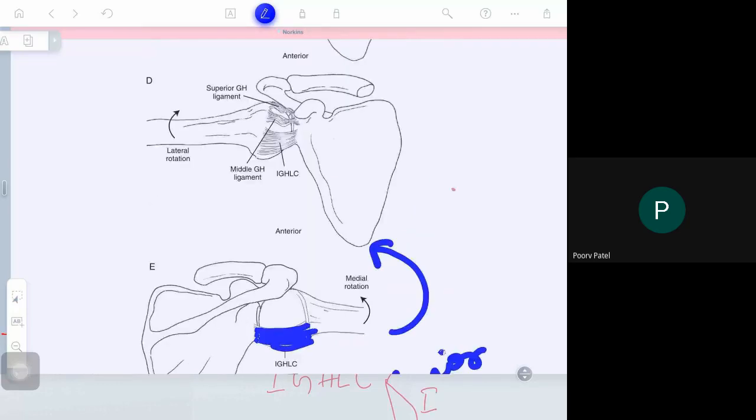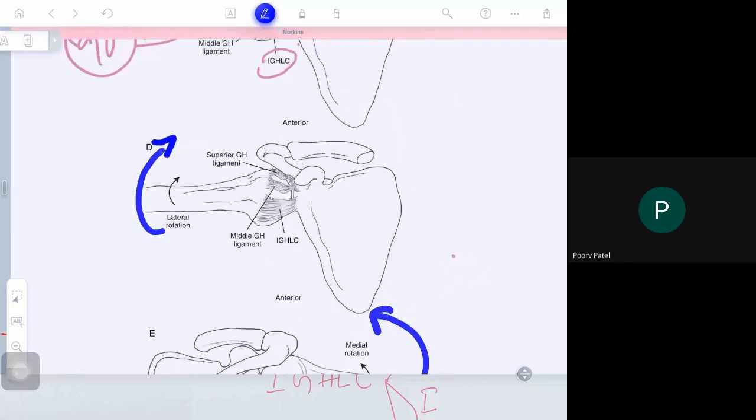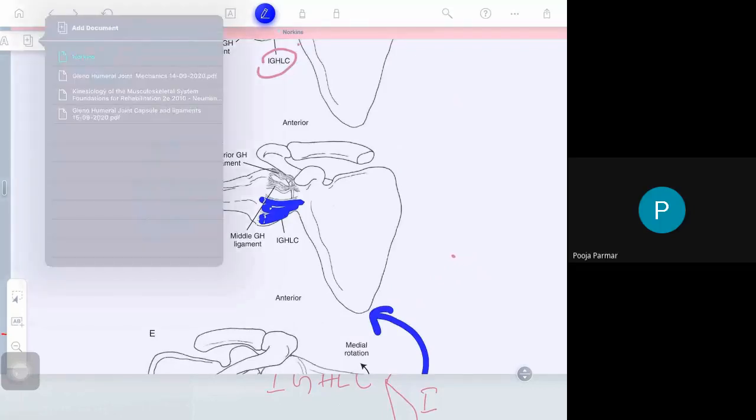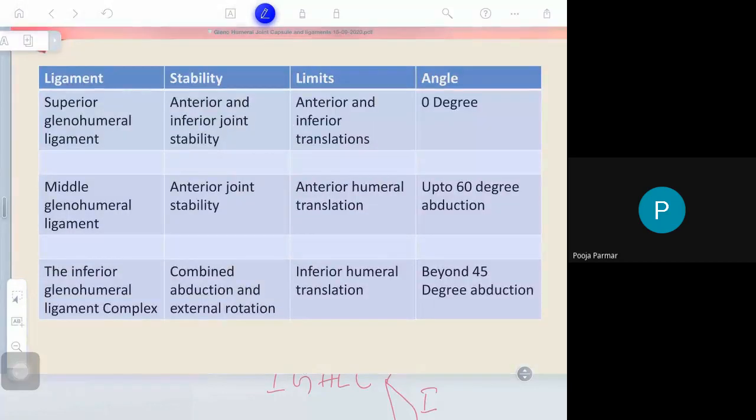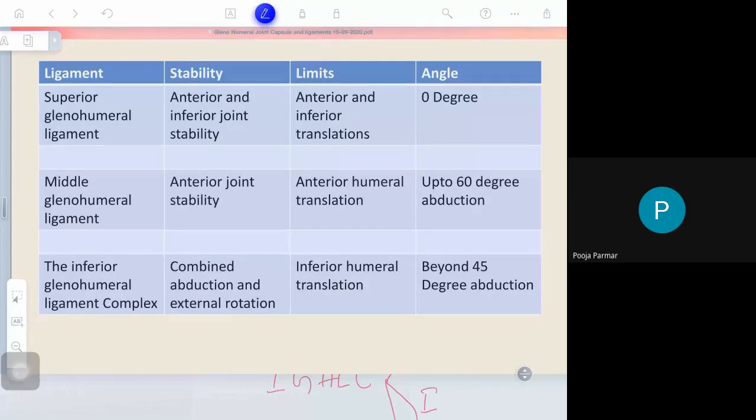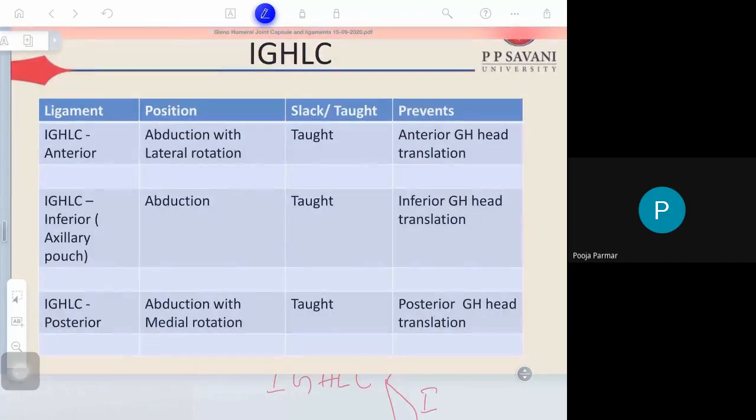And when you are rotating posteriorly, this will become taut. Are you clear? Yes, sir. Okay. So that is what I had explained in the tabulation. You can go through the tabulation later on, in what position which ligament will be taut.